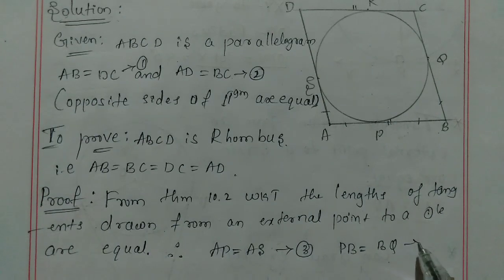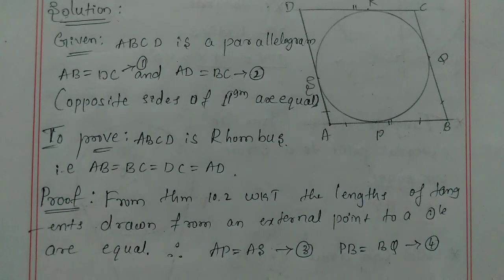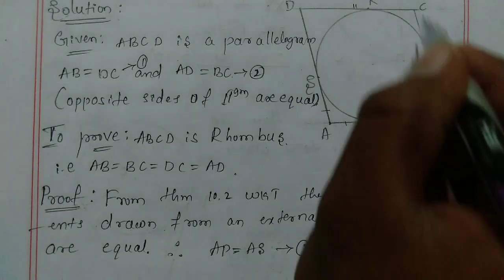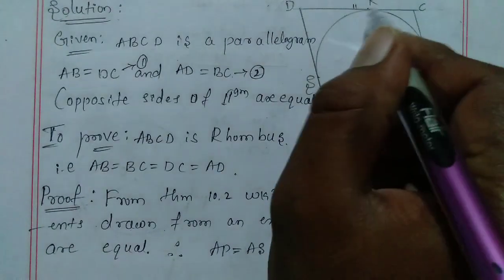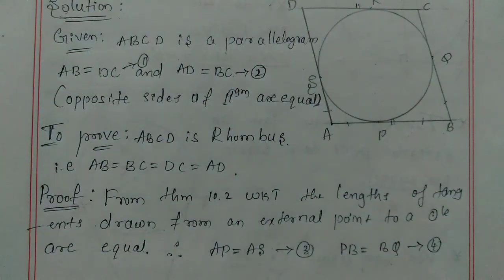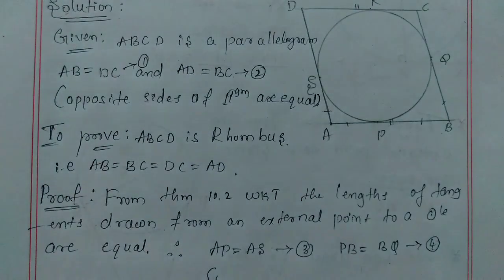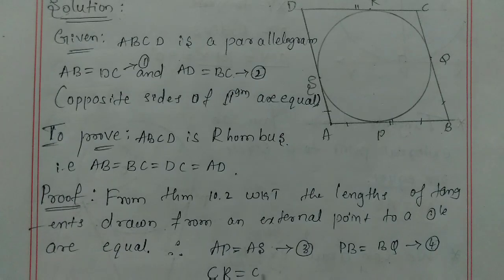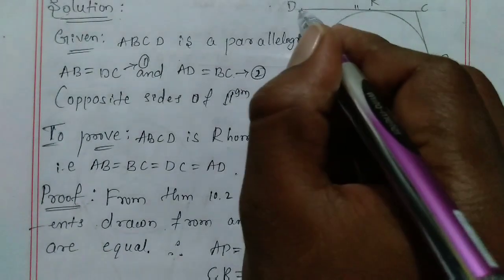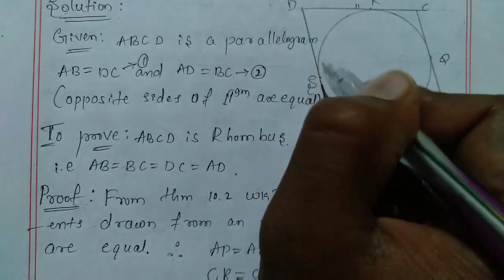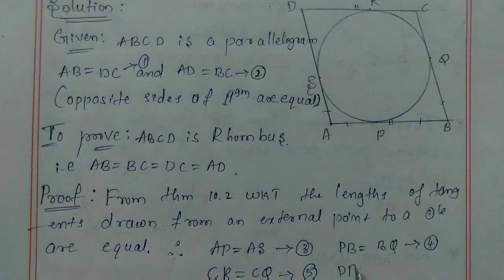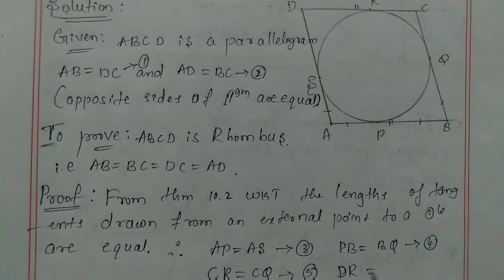Okay, so this is 4 I will call. Okay, next CQ equal to CR. So next I will write here CR equal to CQ. This is fifth. So next sixth one is DR equal to DS. Okay. So this is sixth one.